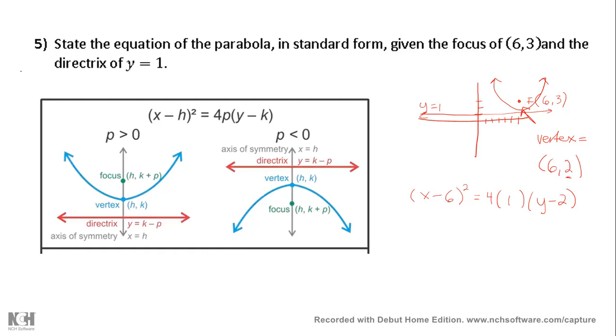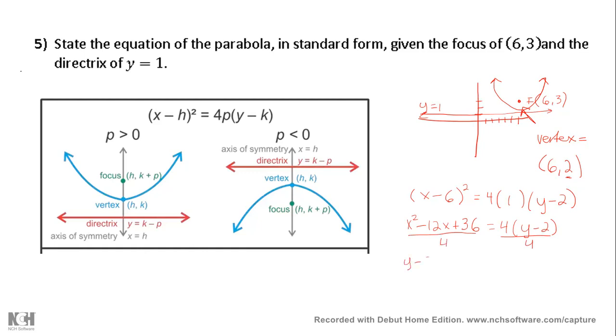When I multiply this, I get x squared minus 12x plus 36. Remember our identity: square the first, double the product, square the second. And that's going to be equal to 4 times (y minus 2). Now I'm not going to multiply that out. I'm going to divide by 4, and remember, I have to divide everything by 4.